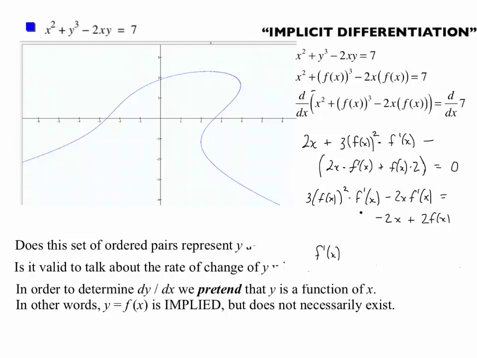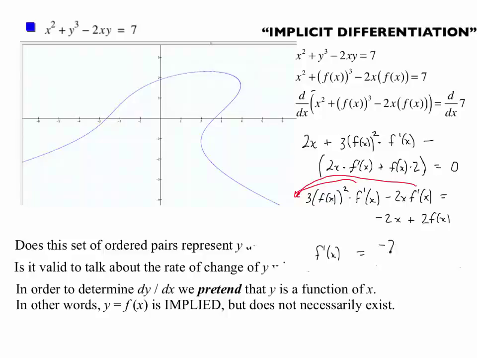Imagine I'm factoring out f prime. What's going to be left when I do that? 3 f of x squared minus 2x. So to get f prime by itself, I'm going to divide by that.